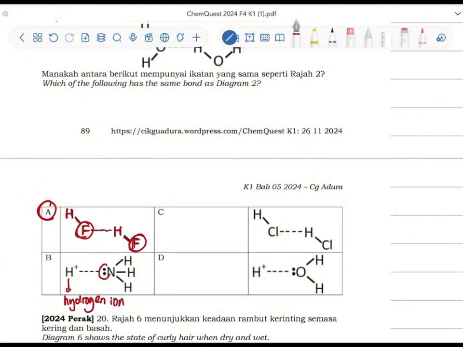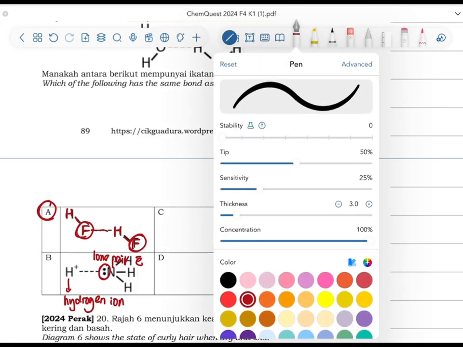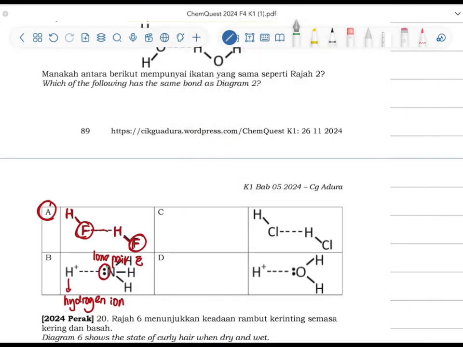For B and D, this is actually a hydrogen ion. This nitrogen having these two dots indicates it is a lone pair of electrons. So the nitrogen atom can donate its lone pair of electrons to the hydrogen ion.